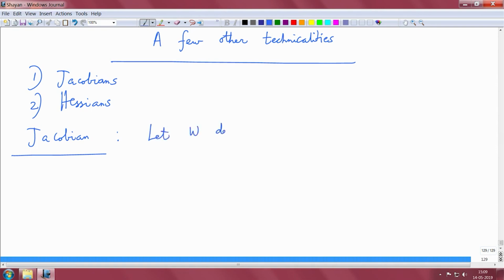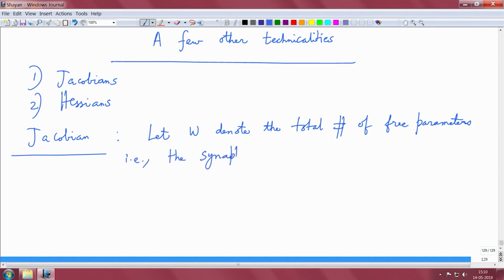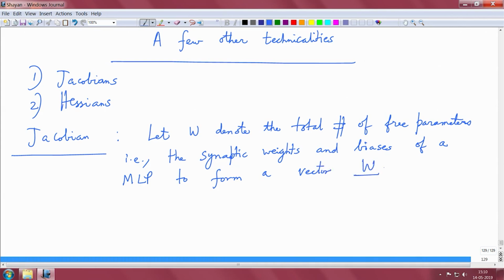Let W denote the total number of free parameters, that is the synaptic weights and biases of a multilayer perceptron, to form a vector, and we call this W bar.